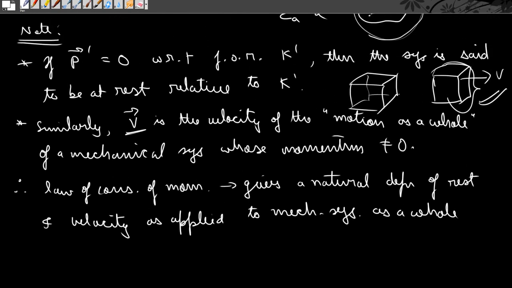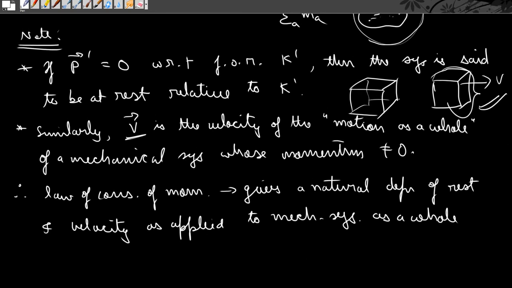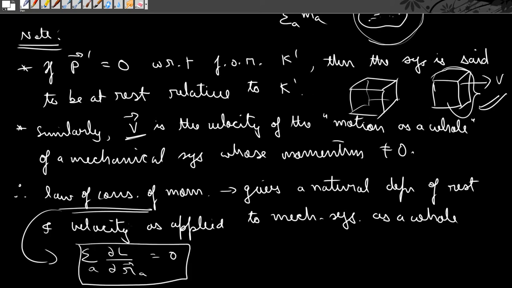For a closed system, if the Lagrangian is independent of the position coordinates, so this law of conservation is valid if summation ∂L/∂R is equal to 0. So this law of conservation of momentum for the total momentum is valid if this condition is satisfied.